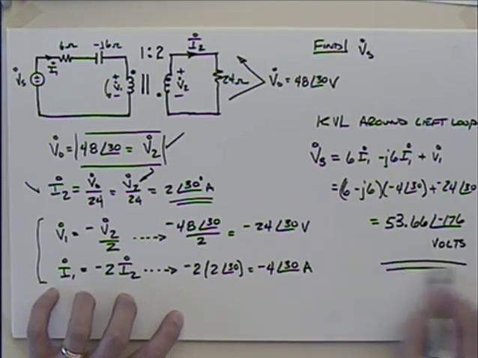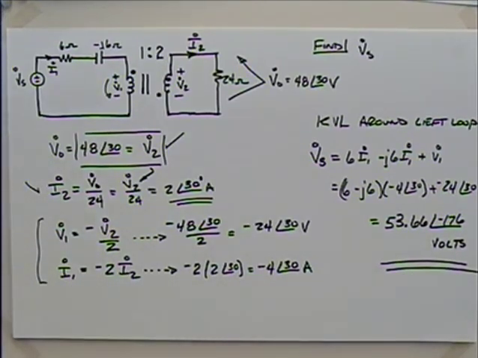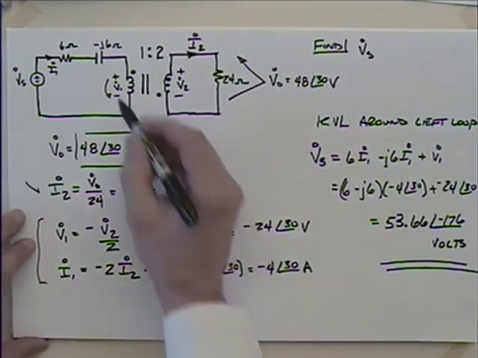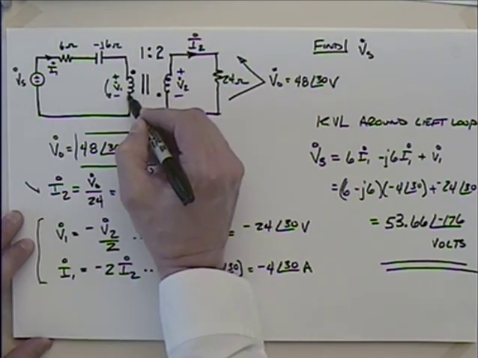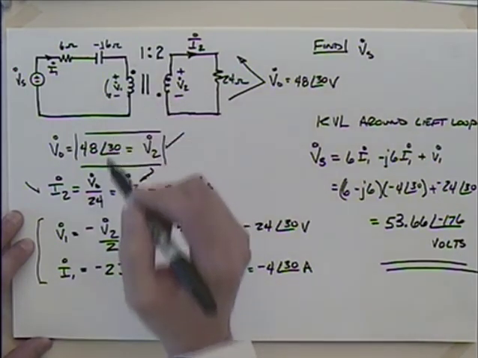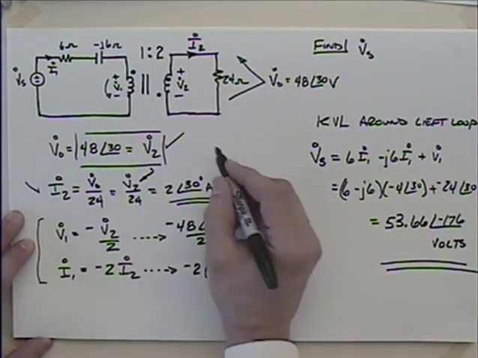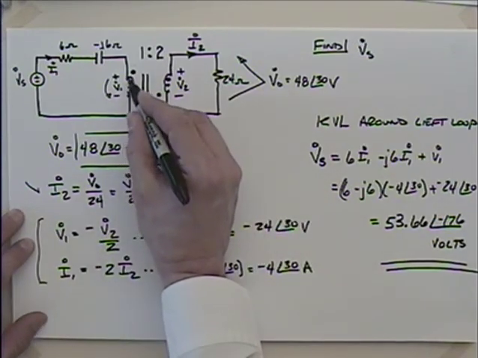Questions of that? Yes? My V1, right here? Yeah. That's the voltage across this. Well, V1 represents not only the voltage due to the inductance.